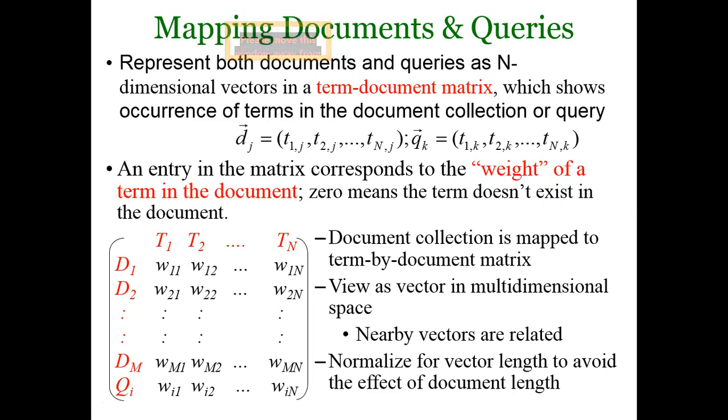At the end of the day, we construct a vector representing each document and each query, and we compare documents against queries using the weights constructed based on the terms.